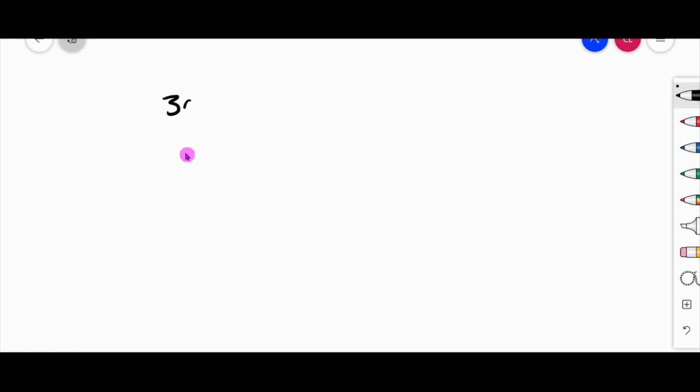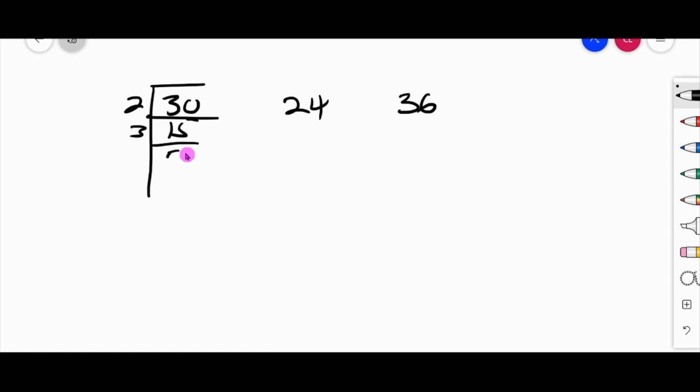So we have 30, we have 24, and we have 36. Let's use prime factorization. 2 can go into 30 15 times, 3 can go into 15 5 times, and 5 can go into 5 1 time.